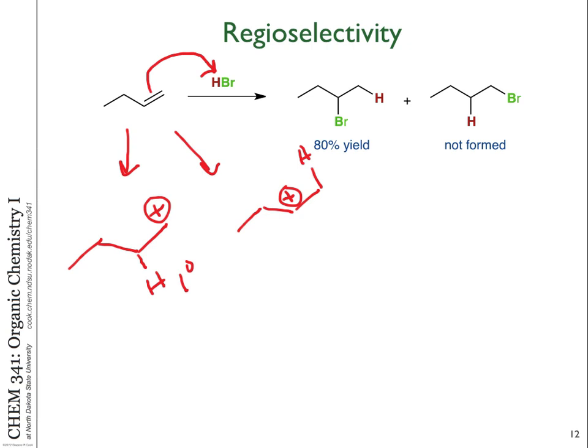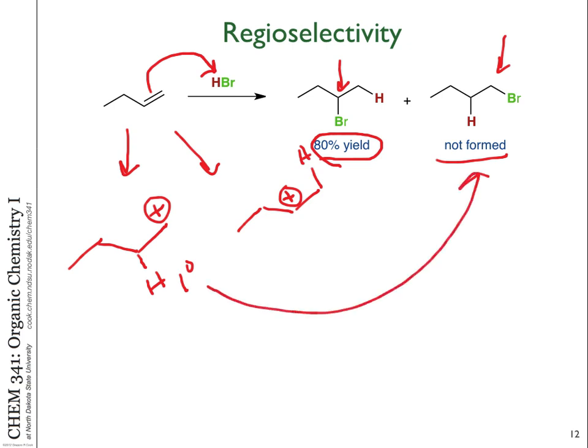But of course they're not done to the same extent. If you look at the product ratio that's observed, we isolate an 80% yield of the bromine on the secondary carbon. And we see none of 1-bromobutane, the bromine adding to the primary carbon, which means that the carbocation intermediate that would have gotten there must not have been formed.